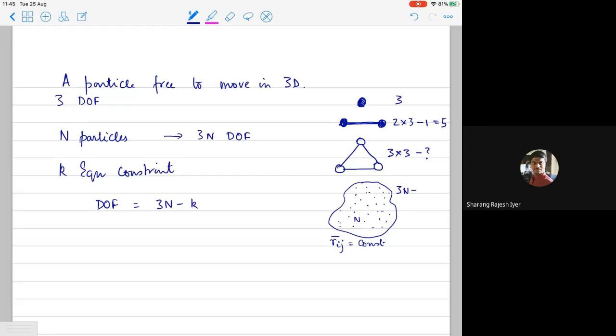If you try to solve that problem, you will see that the constraint is again the same, that the distance of the bob from its point of suspension is a constant. But the degrees of freedom you will require will be 3 minus 1 rather than 2 minus 1.